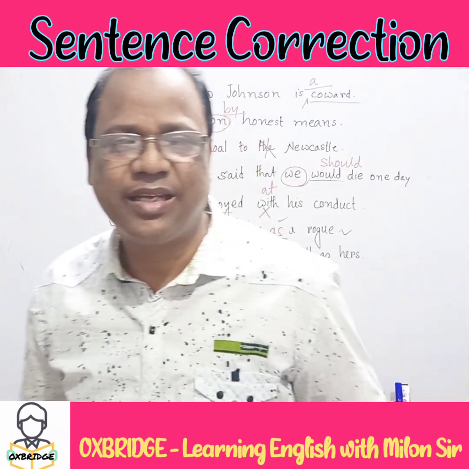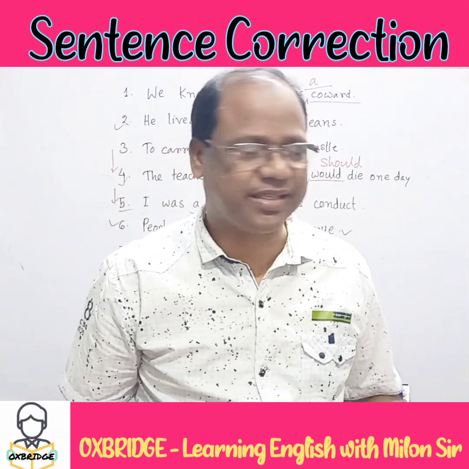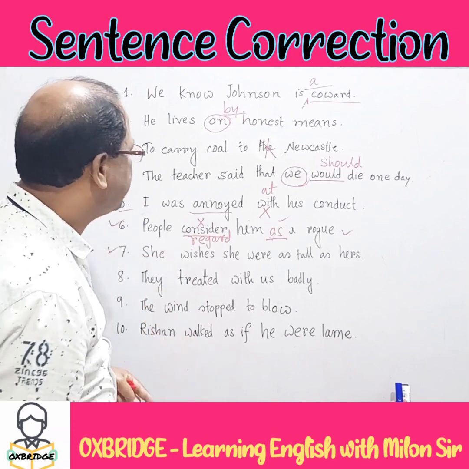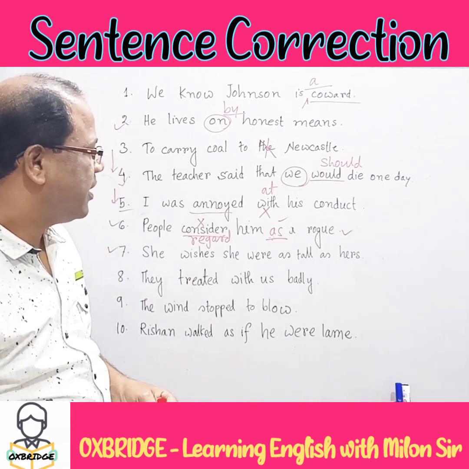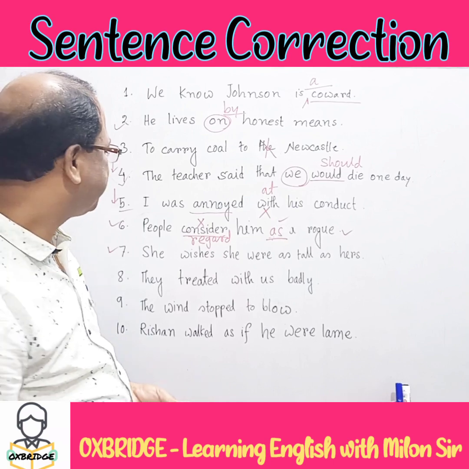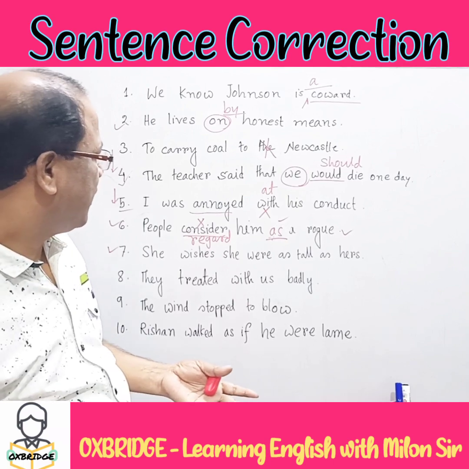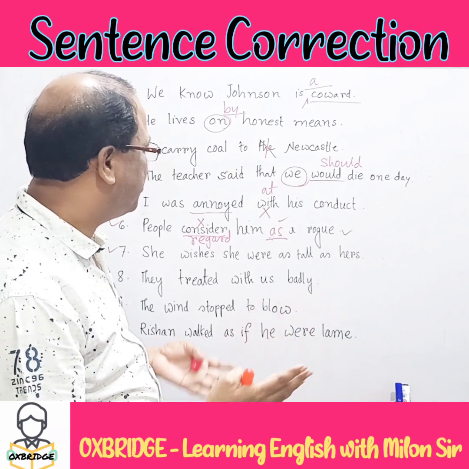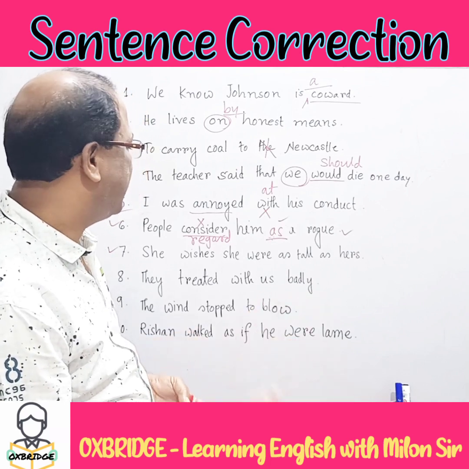Dear viewers, our next problem to discuss with you is number 7. She wishes she were as tall as hers. Where is the problem? She wishes she were as tall as hers.